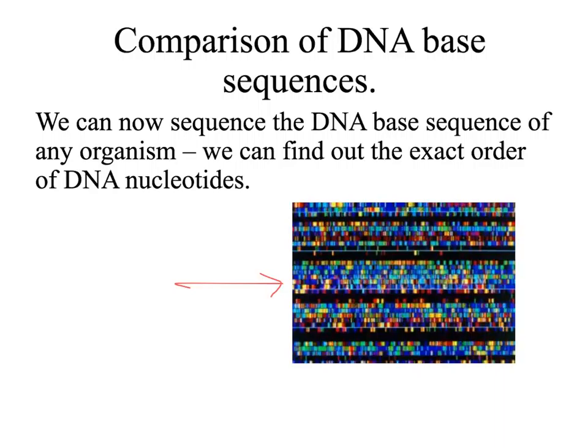But basically, I could take the information in your genome from the nucleus of one of your body cells, and I could create and map out the DNA-based sequence of all 3 billion DNA-based pairs that make up your genome. And I could take yours and make a direct comparison, doing a bit of computer programming, and compare yours and mine and see how similar we were to each other and how different we were to each other.